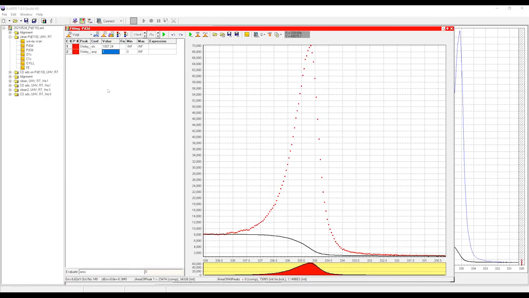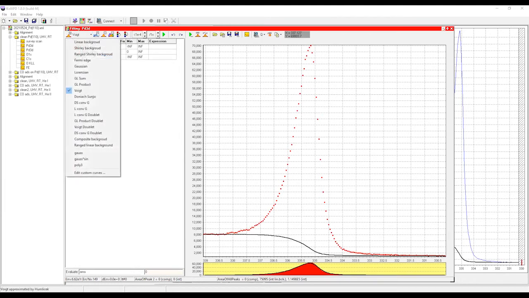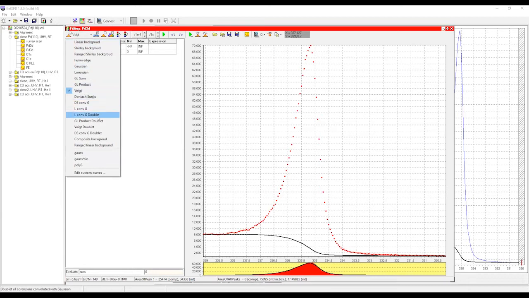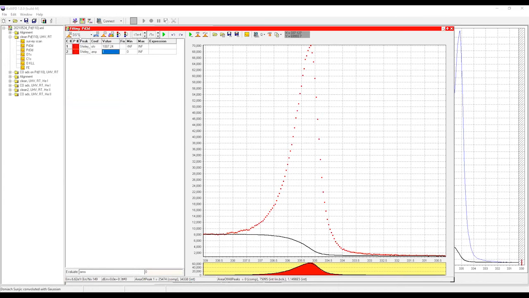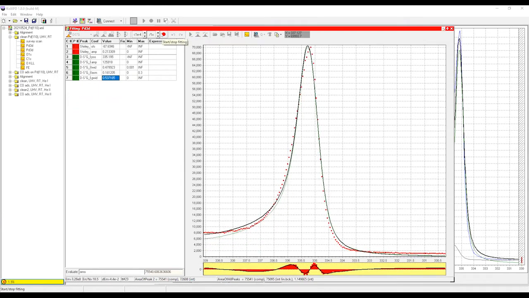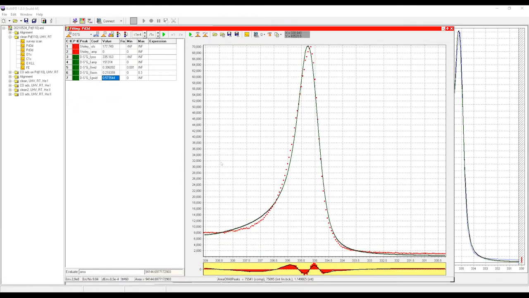I think you can try to use one of these asymmetric peaks. Maybe this. You see that you can create quite a good fit.